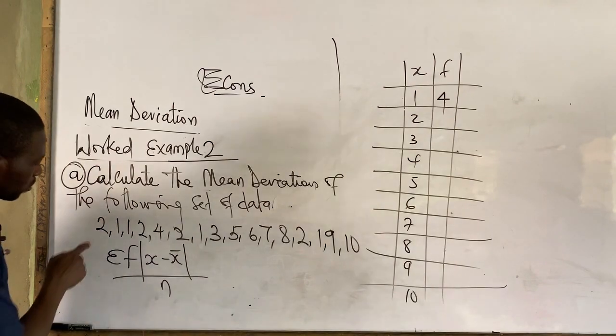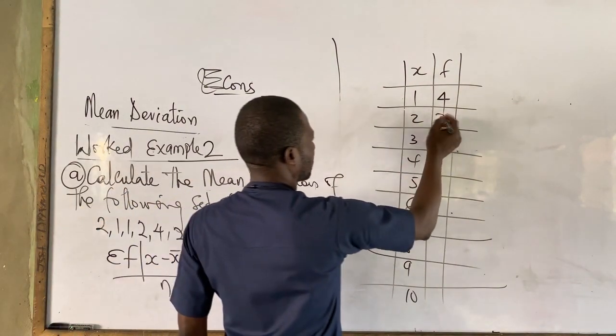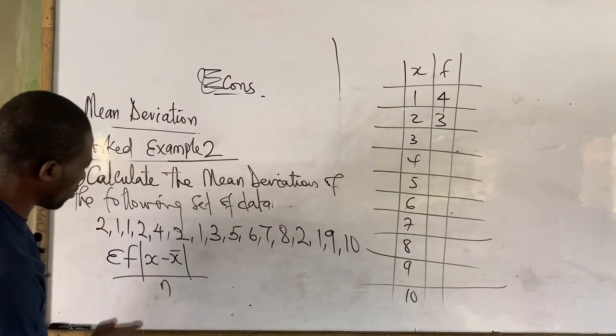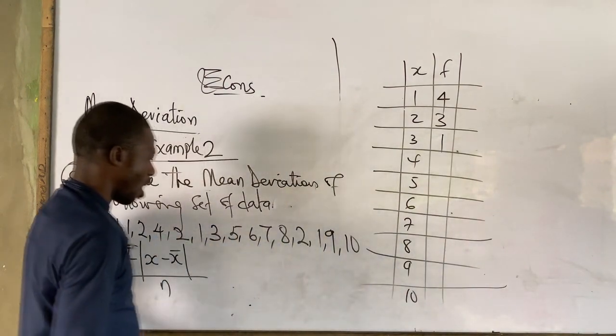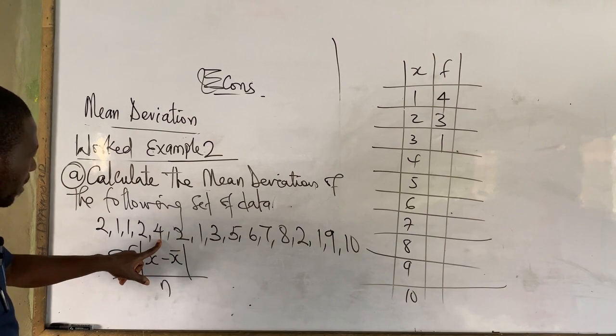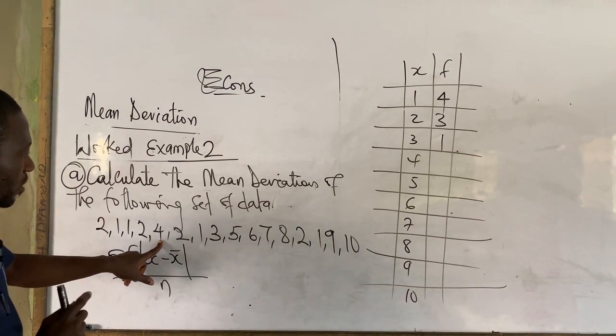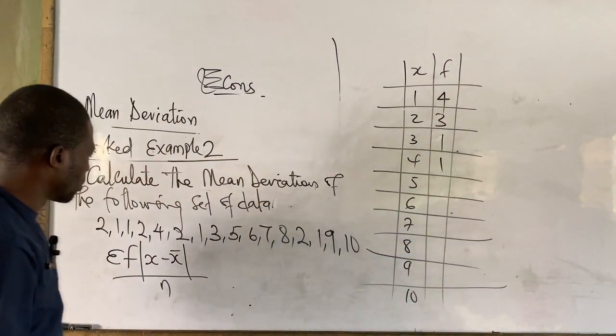Then we look at 2 also. 1, 2, 3. We have 3 times. We look at 3. How many times does it appear? Once. How many times does 4 appear? We have once. So let's go back.